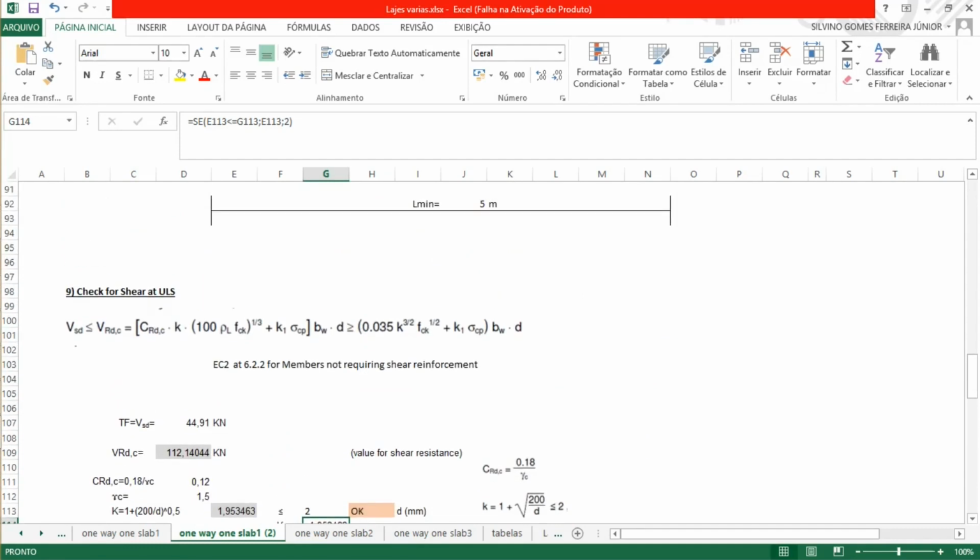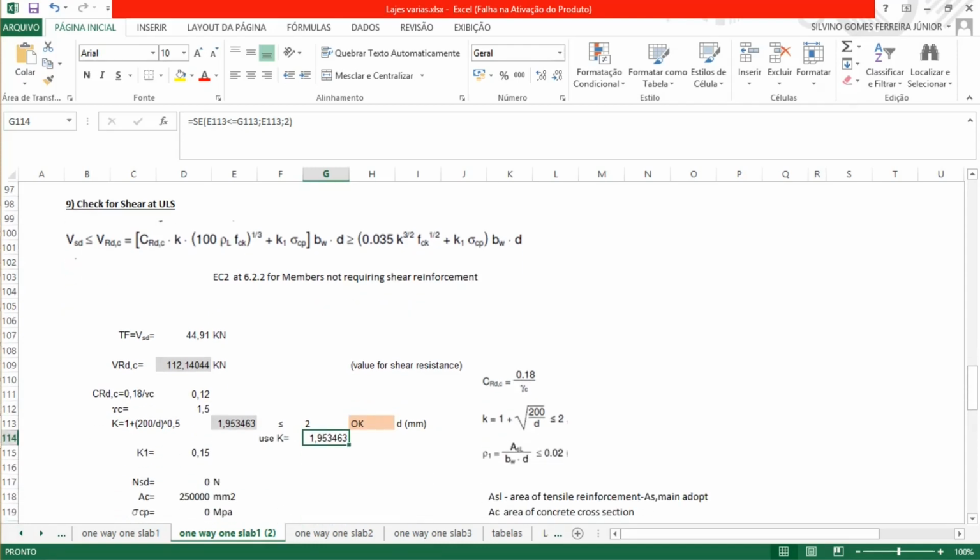So this equation is saying that whichever value is bigger, this one or this one, is the one that we're going to compare with the shear that we calculated.